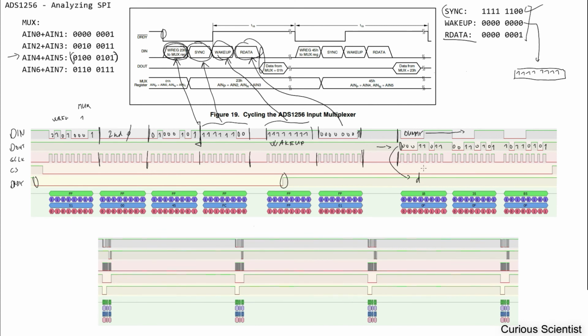That will be 1783221, and if we convert this to voltage, this is roughly 1.06 volts. I measured another input, as you can see, AIN4 and AIN5, and I checked this with the multimeter and it's the same, so it still works.